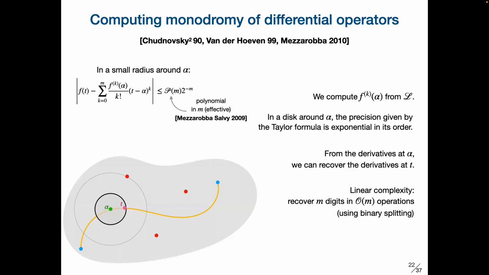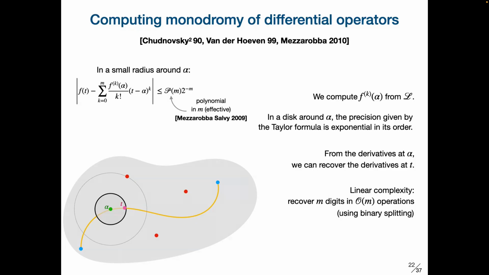What's really nice about this formula is not so much, well, the left-hand side you all know, but what's really nice here is this right-hand side, which tells you that as long as t is sufficiently close to alpha, and sufficiently here means twice closer than the closest singularity, then you can bound the difference between the Taylor approximation and the actual value of the function by something that decreases exponentially fast with the number of terms that you put in this sum.